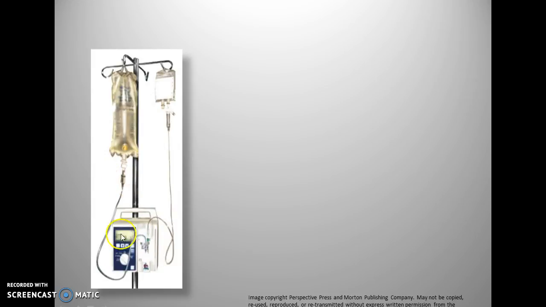Here you have an IV pump that allows for a constant flow into the individual. This could be another medication that's also being added, or the medication could be added within the IV drip. And sometimes there's something to maintain the electrolyte balance of the individual.